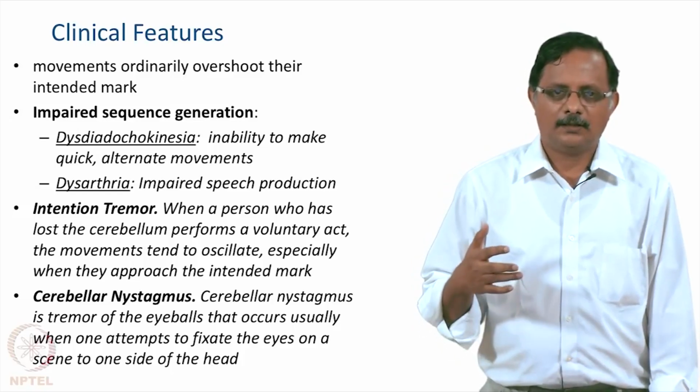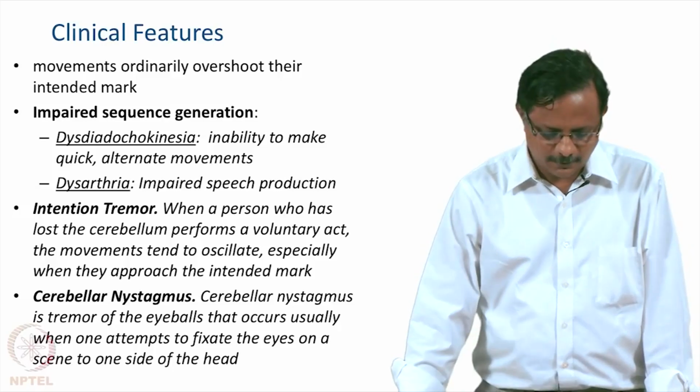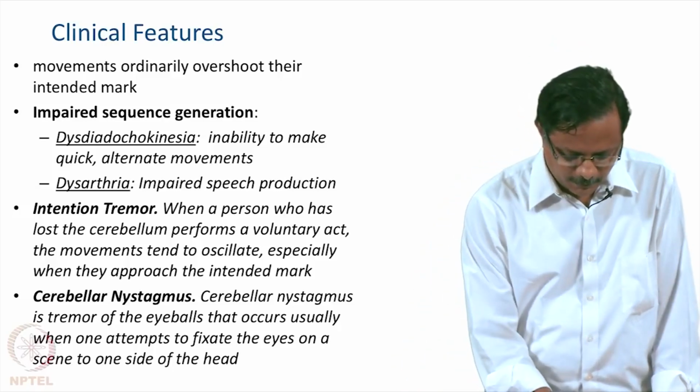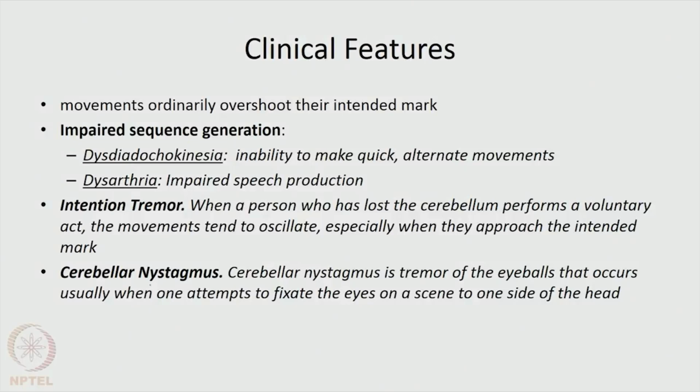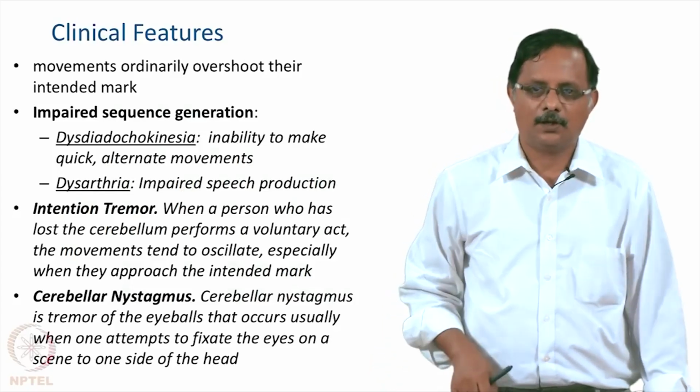There is also a problem with eye movement, called nystagmus. Cerebellar nystagmus refers to the tremor of eyeballs, and this again is intensified when the person tries to fixate on a given point in the scene.